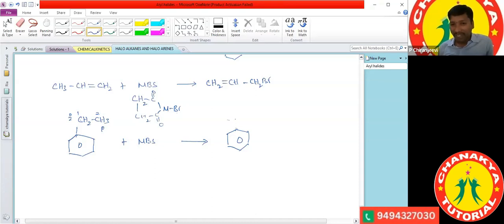Now bromine is going to be attached as C6H5-CHBr-CH3. Don't get confused, all of you. If they give this kind of structure, check it clearly. Still any doubt?